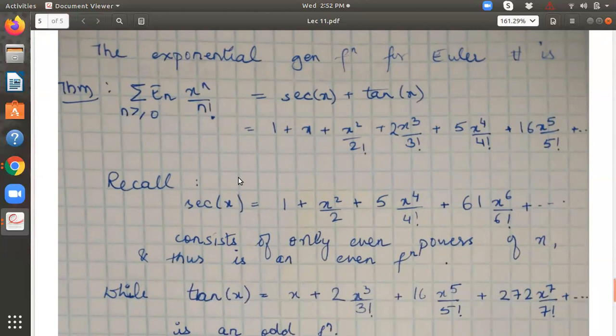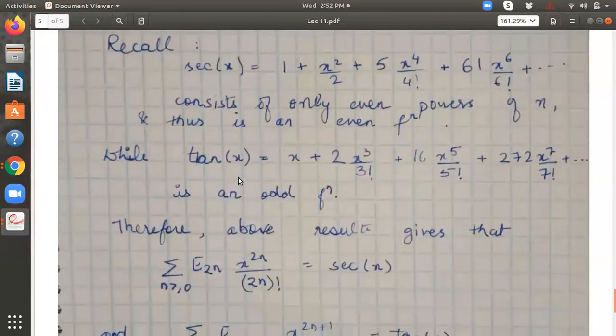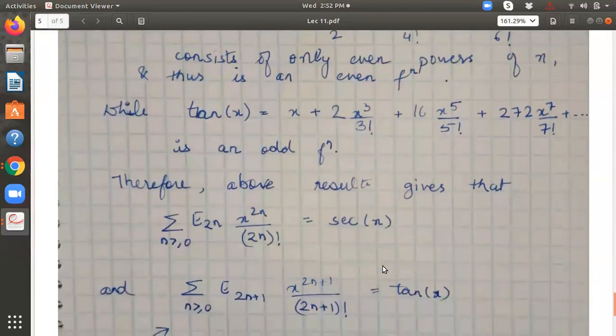Thus, this can be safely broken and written as a summation over n, which means collecting only the even terms, x raised to 2n over 2n factorial is sec x, and the summation over n of odd powers of x divided by 2n plus 1 factorial is actually the tan x.